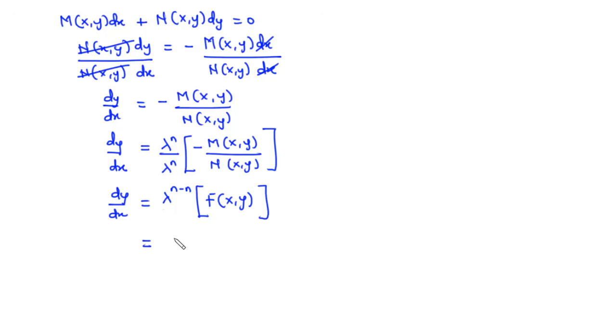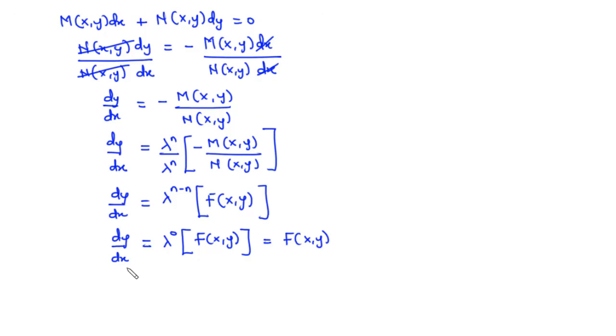We can simplify this as lambda^0 times f(x,y), and that is equal to dy/dx. We know that any non-zero number raised to the power 0 is equal to 1, so we have 1 times f(x,y).